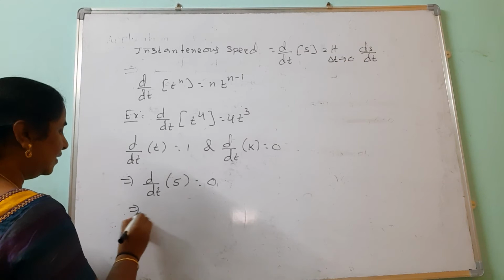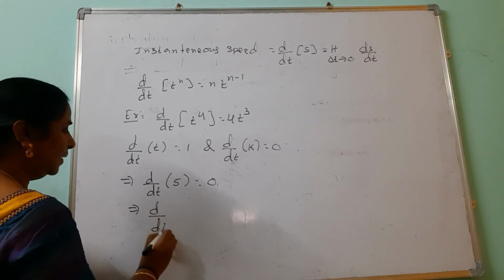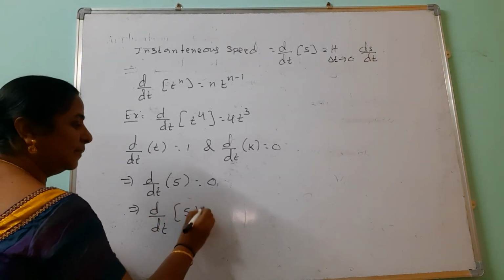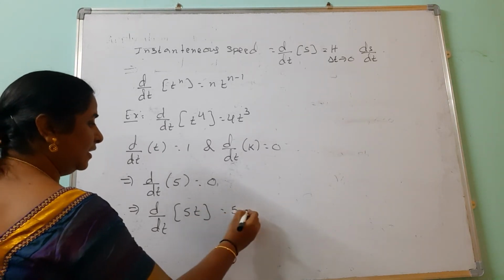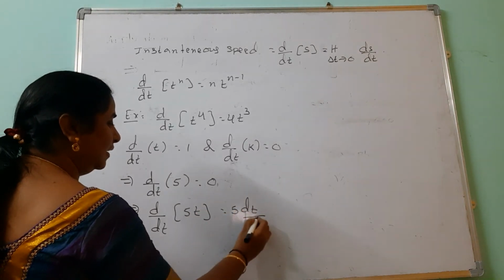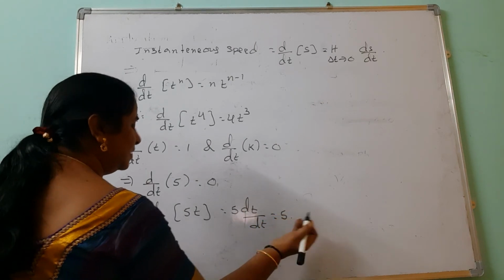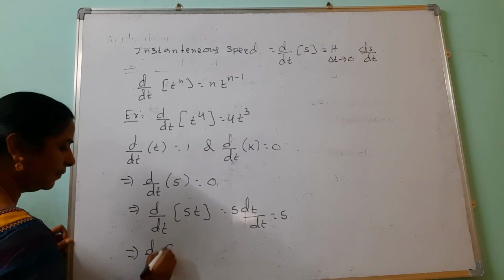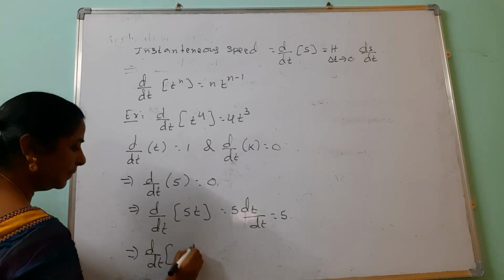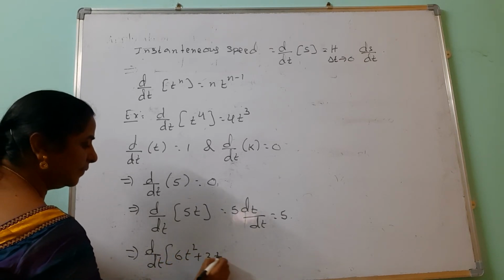d by dt of 5t. This is 5 times the time, the constant we should write outside. dt by dt equals 1, so this is 5. Suppose the expression is d by dt of 6t square plus 3t plus 6.